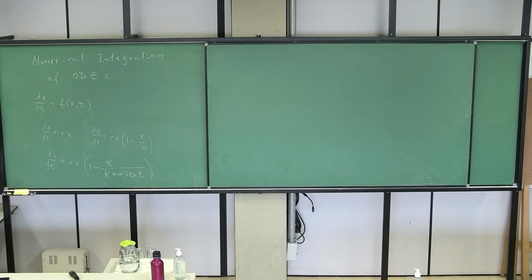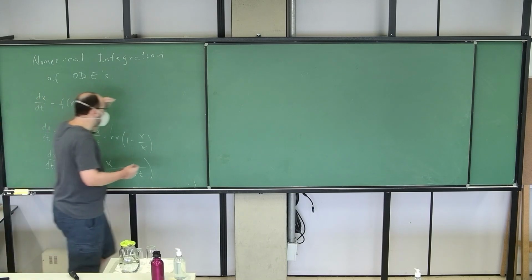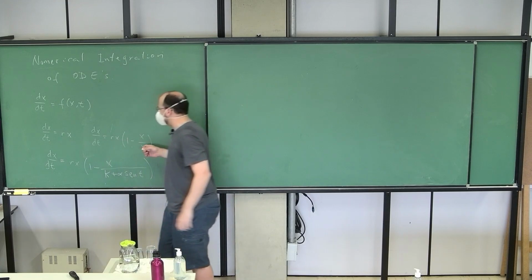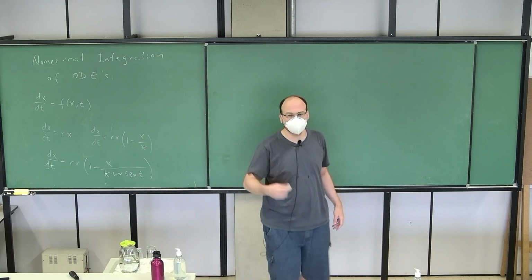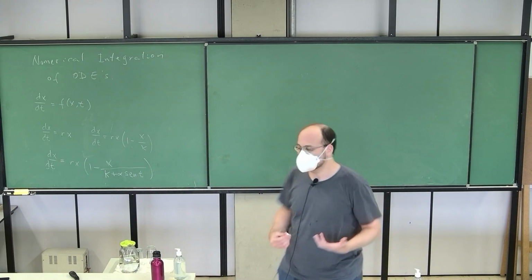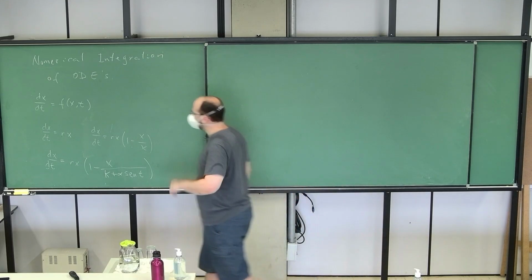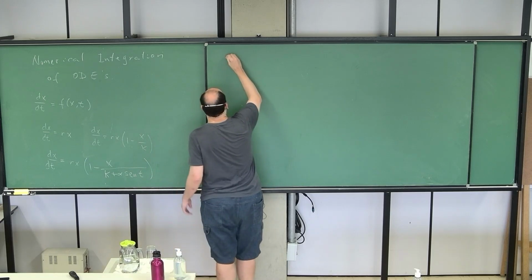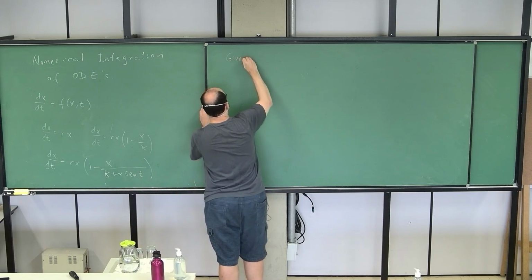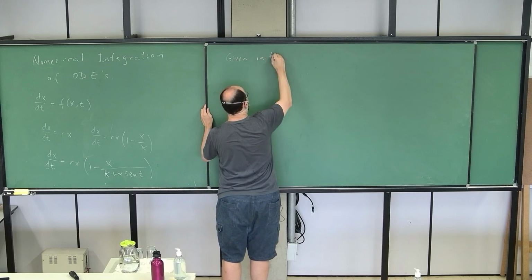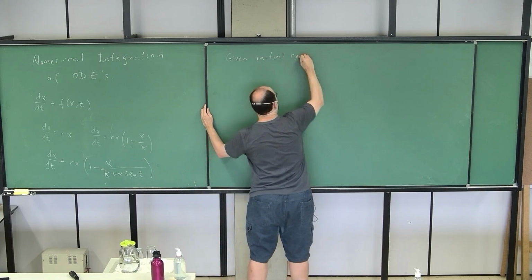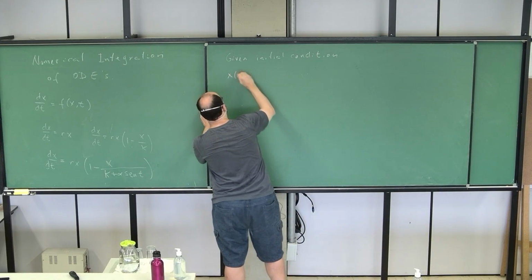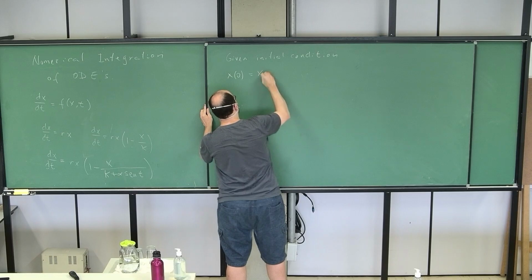So what I want to do here is, for these two equations, you have seen the general solution explicitly. So if I give you an initial condition, given an initial condition, x at time 0 equals some constant x0.